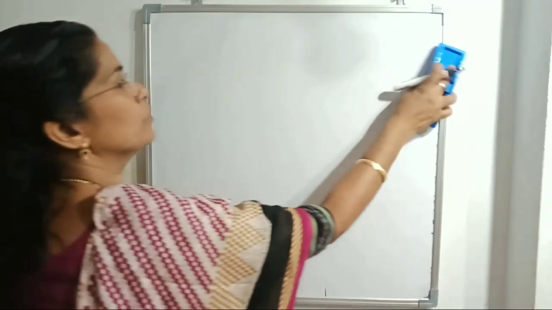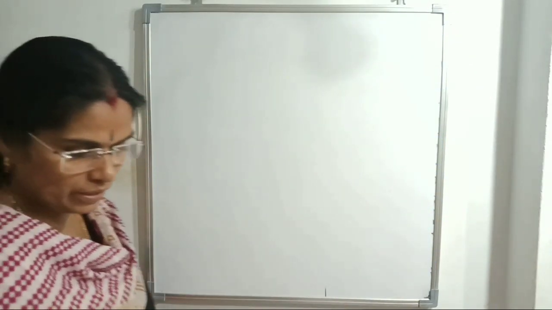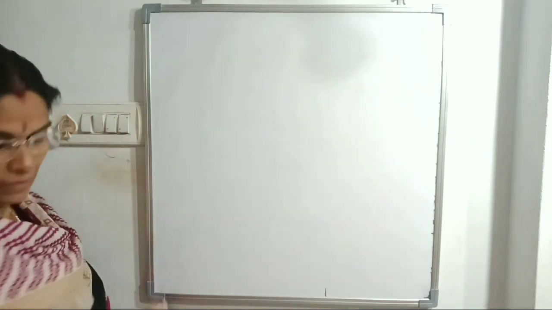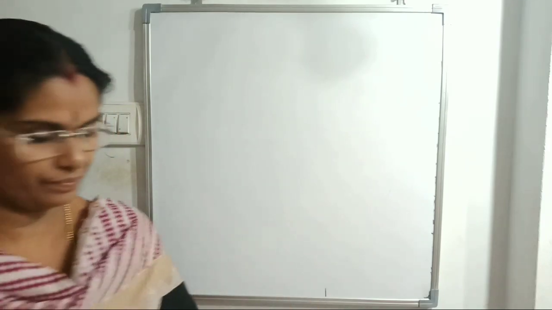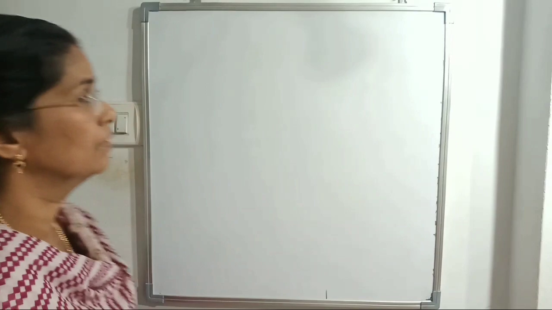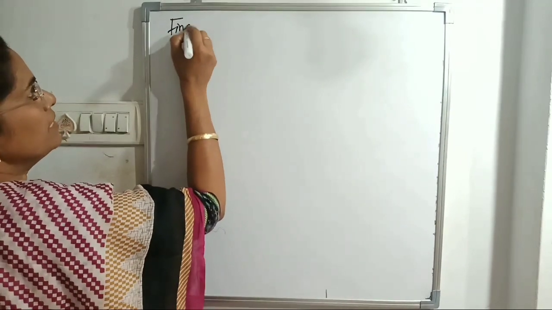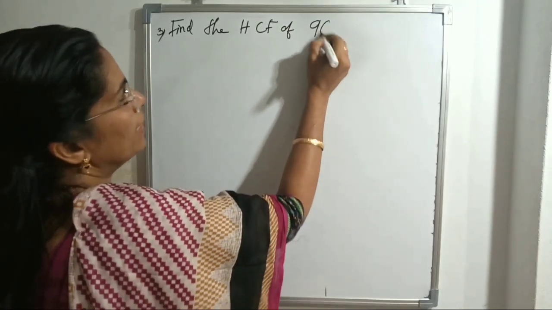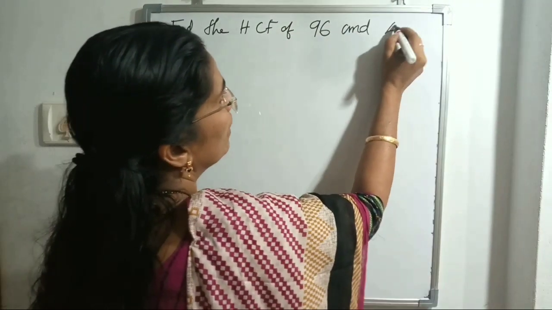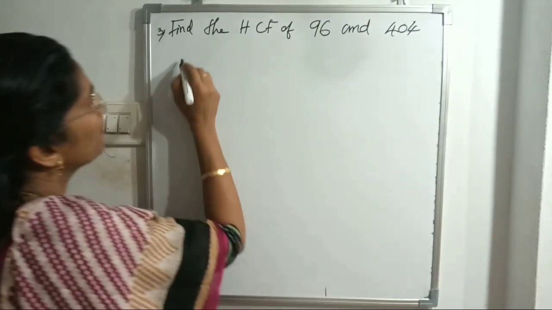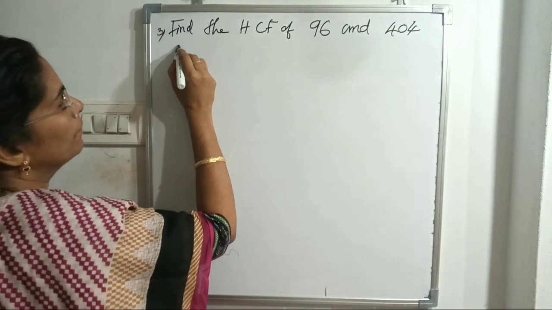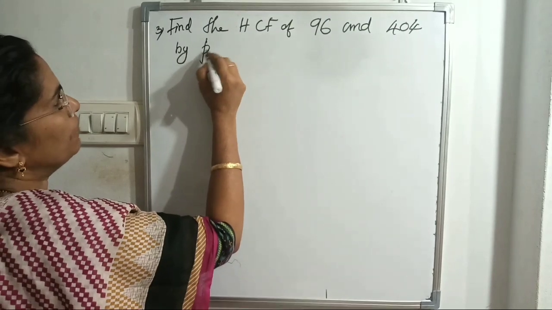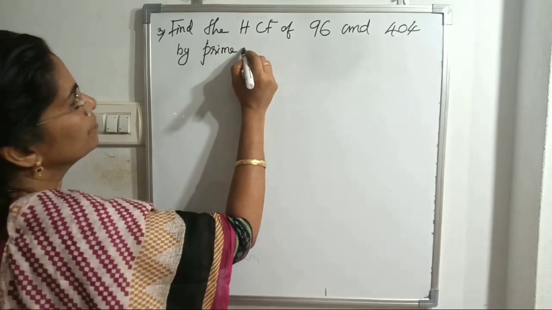Okay. So one more question we can solve using this. Question number 3. Find the HCF of 96 and 404 by prime factorization method.